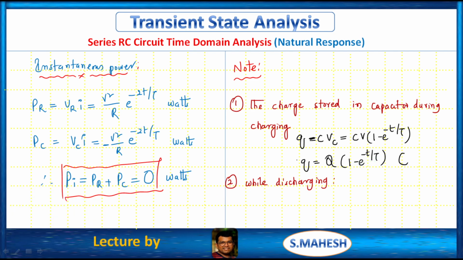Like that, if it is discharging, Q is equals to C into Vc, which is equals to simply V into e power minus t by tau, right? That is Q is equals to Q e power minus t by tau coulomb, right? That's all for series RC circuit natural response.